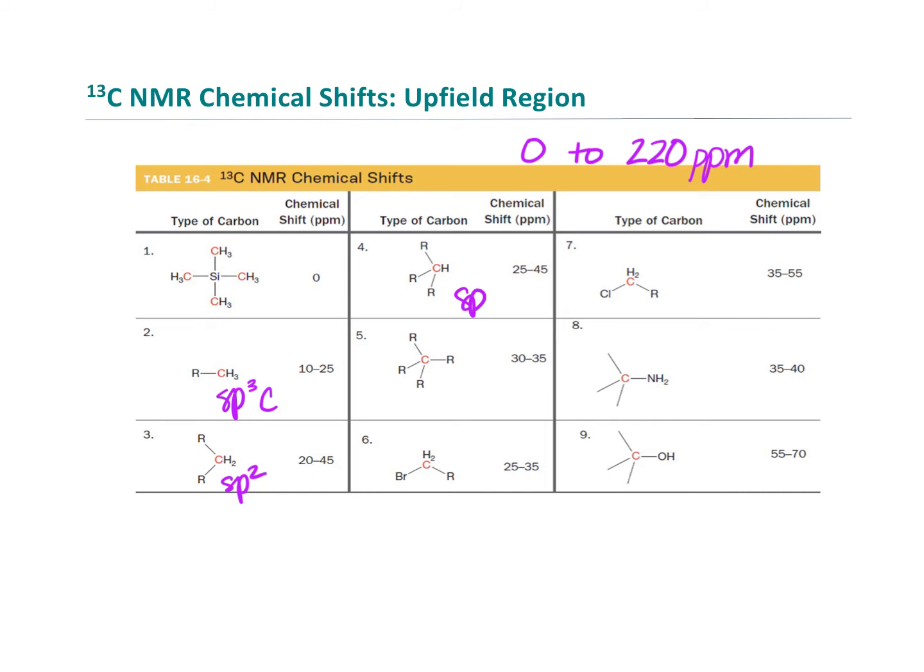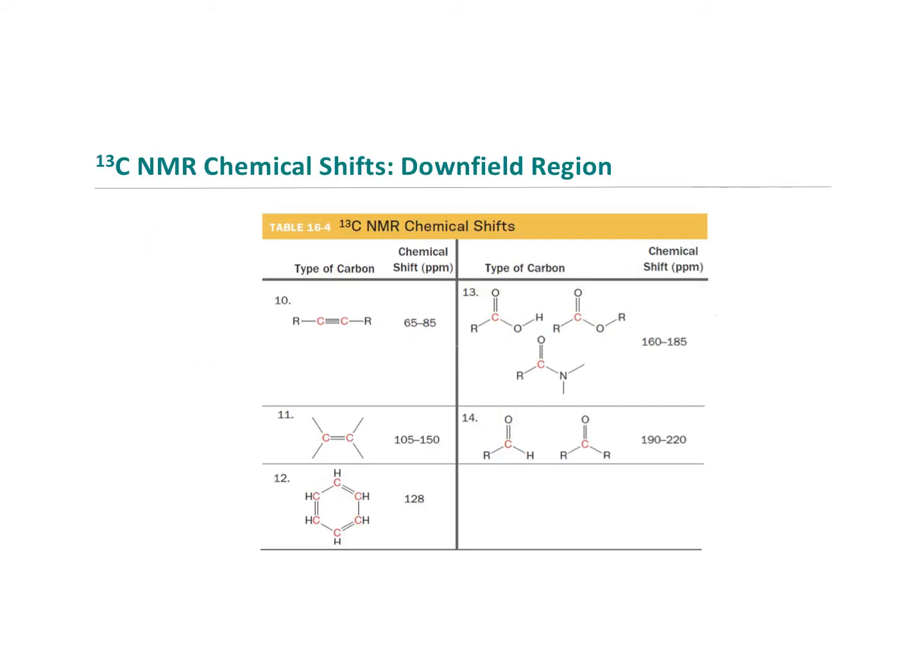You're also going to see a quaternary carbon here that's 30 to 35. We can see bromine, chlorine. The carbons that are attached to those are going to be further downfield, right? We can see carbons in a triple bond that's further downfield.